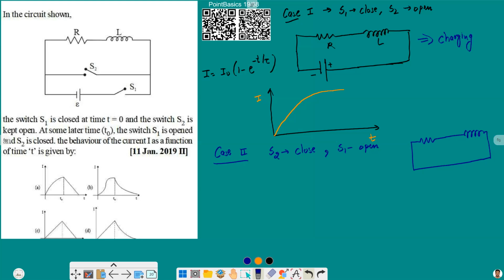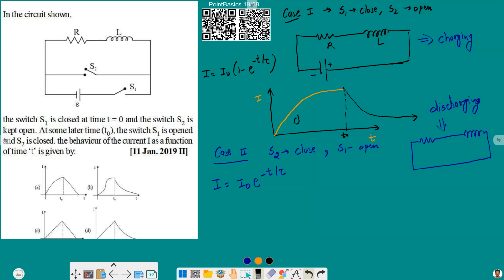Now, as there is no battery in the circuit and it initially stored some energy, it will be discharging. This state is a state of discharging, and we know when an inductor discharges, its discharging equation is given by I is equal to I node e raised to power minus t by tau. If we plot this behavior, suppose this is the point at which the inductor starts discharging, or time is equal to t node, then after that it will follow a curve like this.